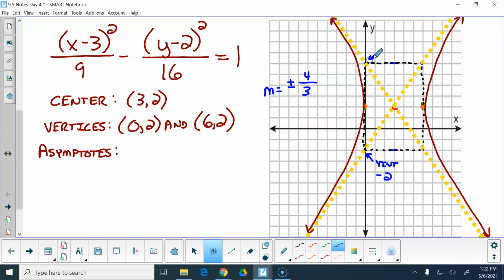This one up here has a y-intercept of 6. So the two equations are y equals positive 4/3 x. That's this one. So that would have a y-intercept of -2. And then negative 4/3 x has a y-intercept of positive 6.